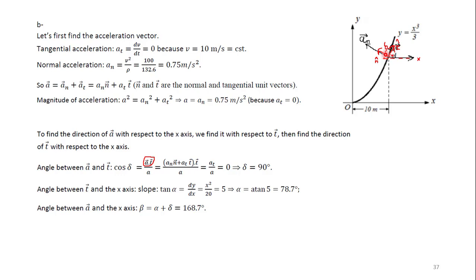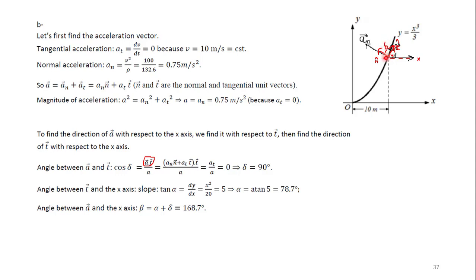Therefore, we can find that delta will be equal to 90 degrees. Okay, so this is another method to find delta. So we can take the scalar product between a and t, and we can also take the scalar product between an and t. Okay, t or tau, it's the same. Now we have found delta.